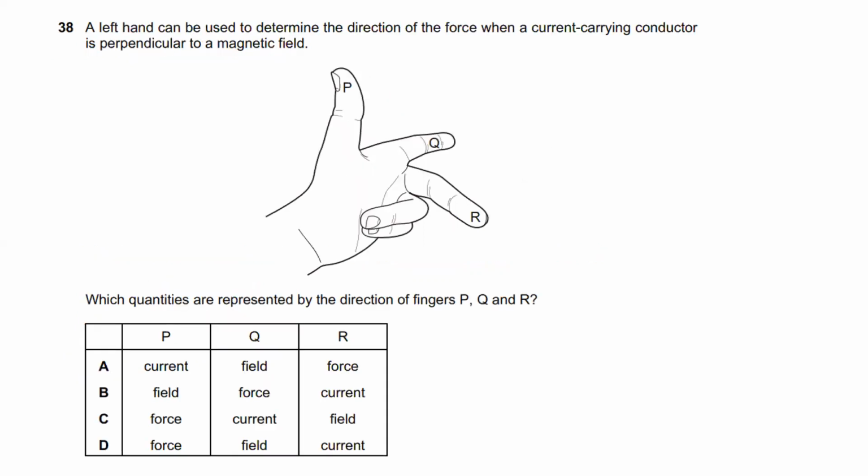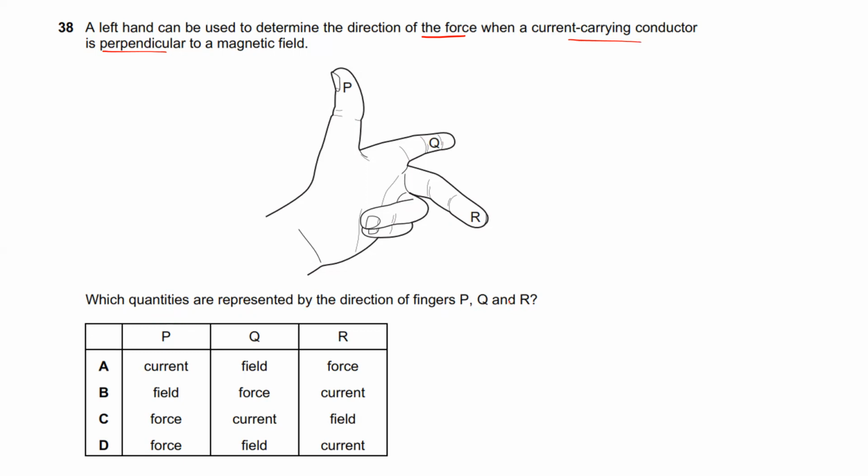Then question 38, it says a left hand can be used to determine the direction of force when a current carrying conductor is perpendicular to the magnetic field. So remember, this is the law for motor, or left hand rule. Which quantities are represented by the direction of P, Q, and R?